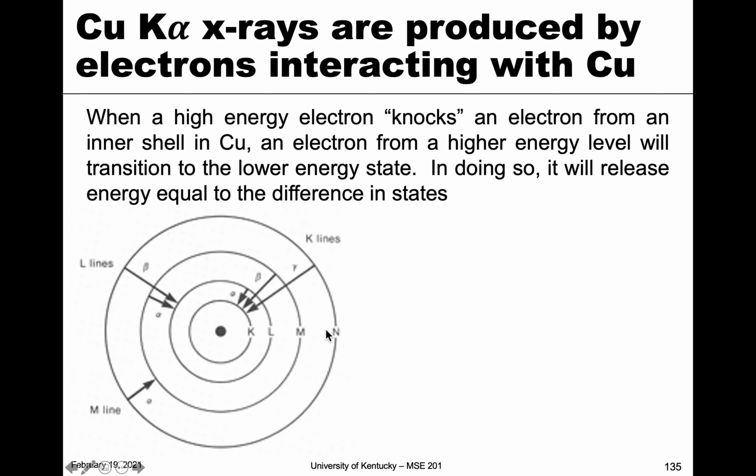And in this case, the energy level is on the order of X-rays. So what we get is an X-ray of a very specific energy or wavelength. And so that's how we get it. We get it from interactions of high energy electrons with our target in the X-ray generator. And so that's just a little bit more about how that's done.